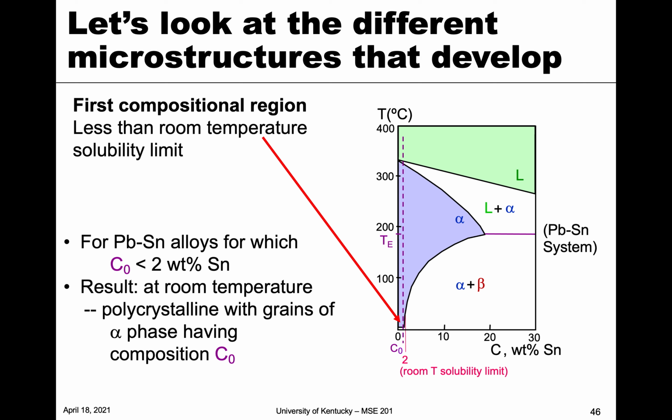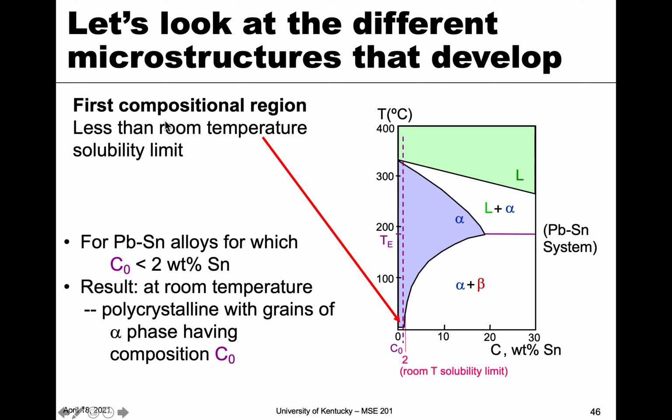All right, so now what I want to do is look at some of the different regions of the eutectic phase diagram and show what the microstructures would be of those regions. And so we're going to look at the leftmost side, and we're switching to a lead tin system to show this a little bit better.